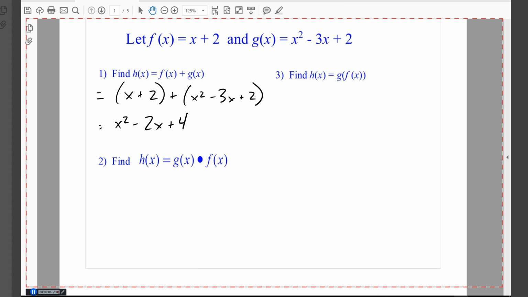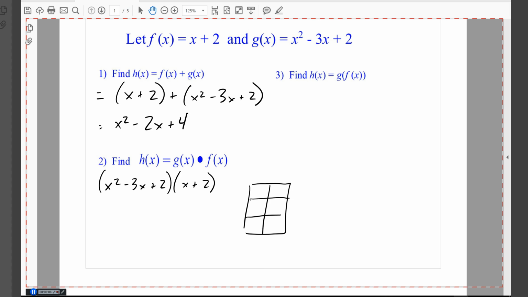Same idea, we'll take g of x, so x squared minus 3x plus 2, and multiply that with x plus 2. Here you can do either the FOIL method or the distributive method, or you can do your grid method, right? If you remember, you can make a box where you put in the different terms for each of them and then add them all up.